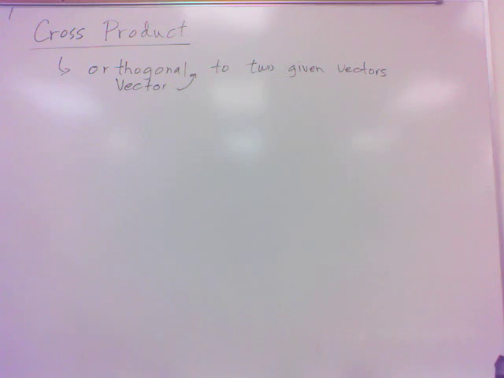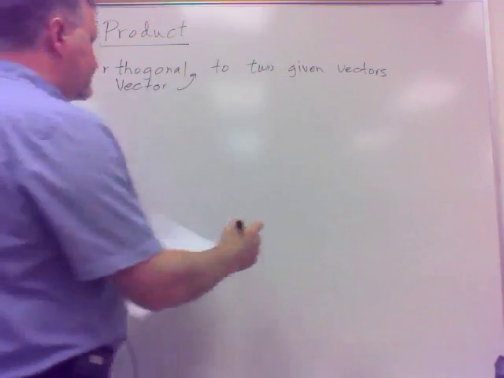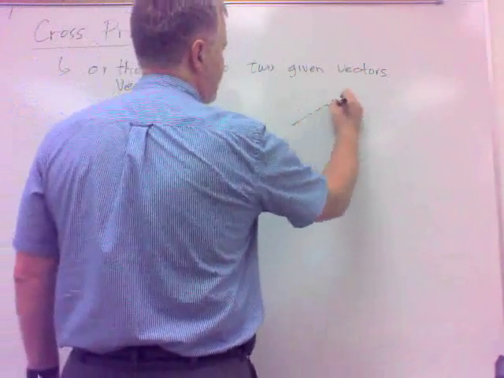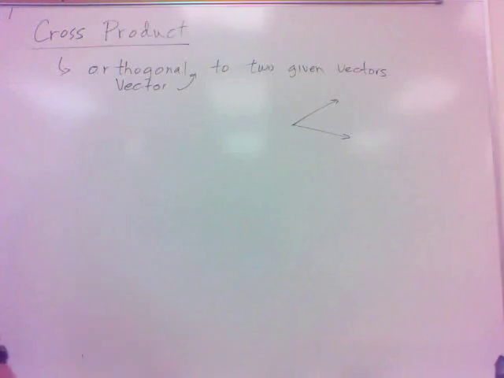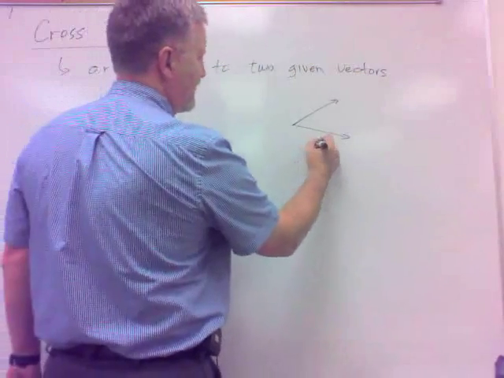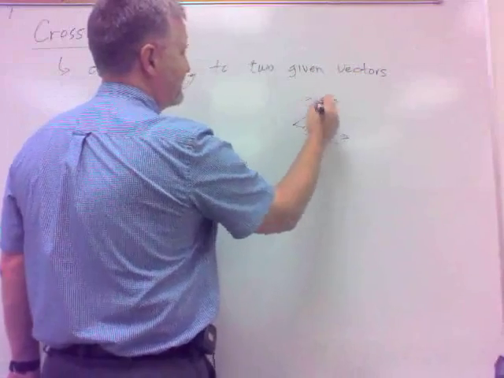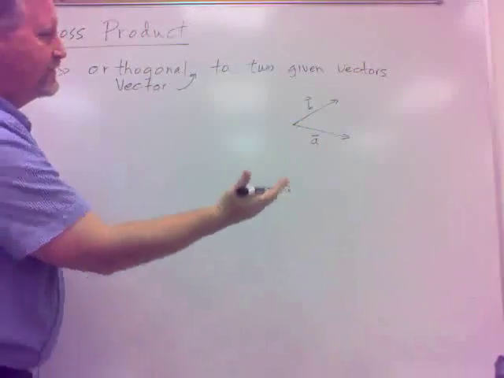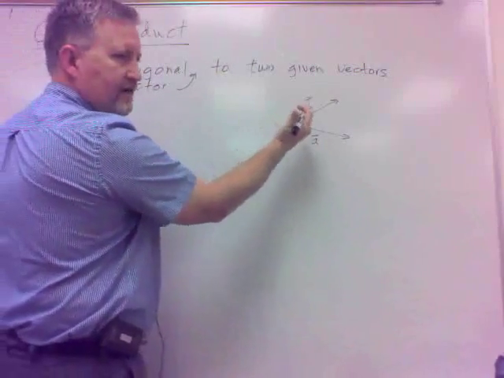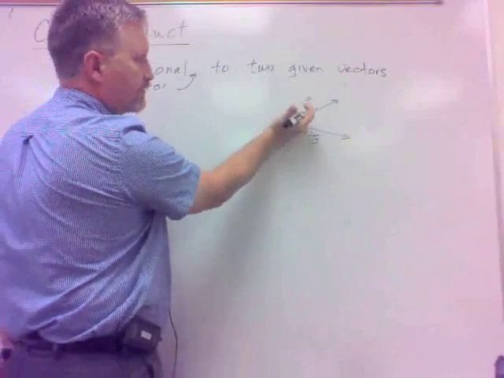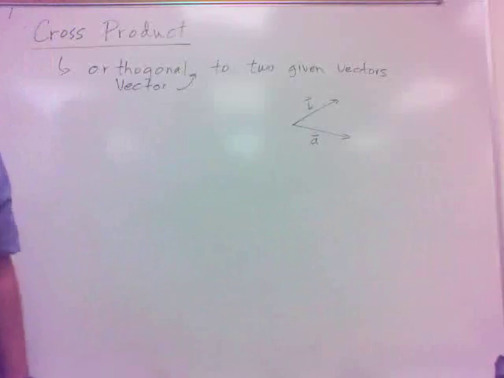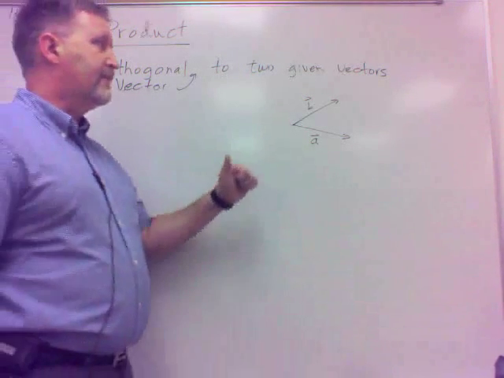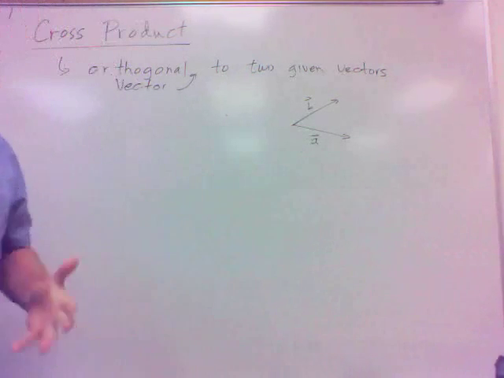So, if you think about the two-dimensional case here, if we've got a vector here and a vector here, and we're going to cross A cross B, the cross product will give us a vector that's coming out of the board. It's going to shoot off out from those two. And it works the same in three dimensions.